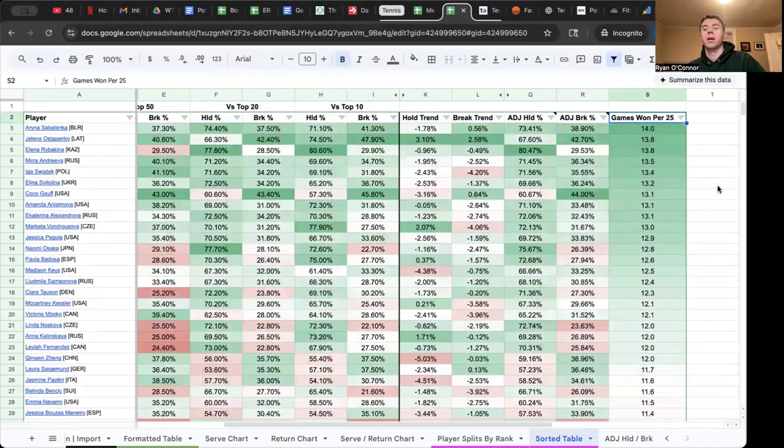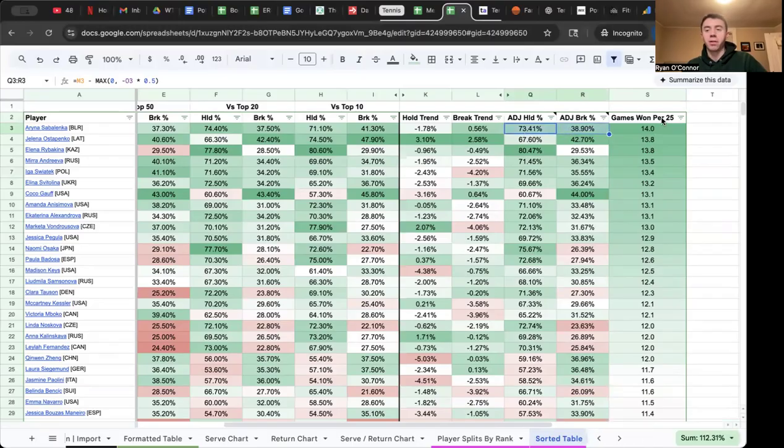The last thing is just games won per 25. So it's really just looking at those percentages, right? If you were to play 100 service games, if you're Aryna Sabalenka, you'd hold 73 times out of 100. If you were to play 100 return games against the average opponent, like Mystery Player X, you'd break 38.9, 39 times, whatever you want to call that. But obviously, a tennis match isn't 200 games, 100 service, 100 return.